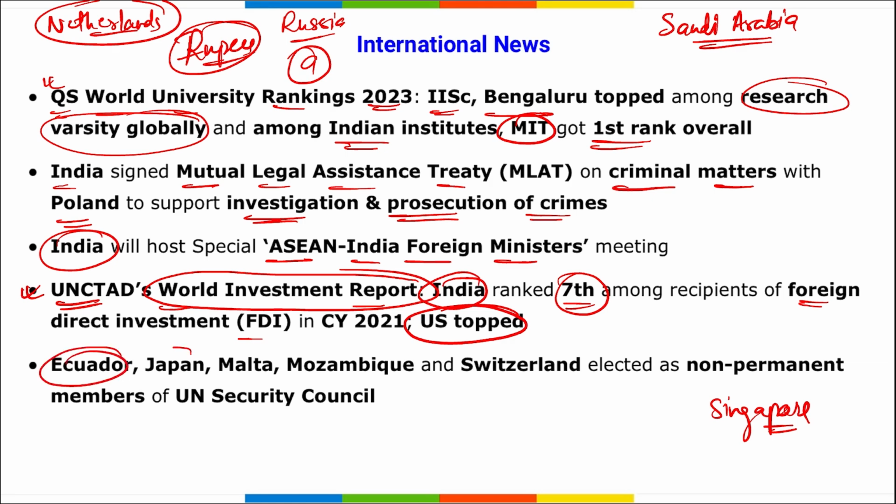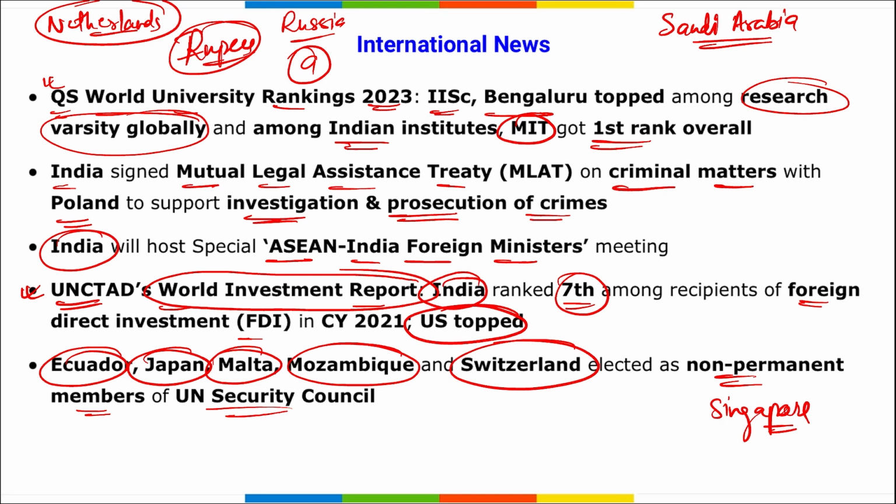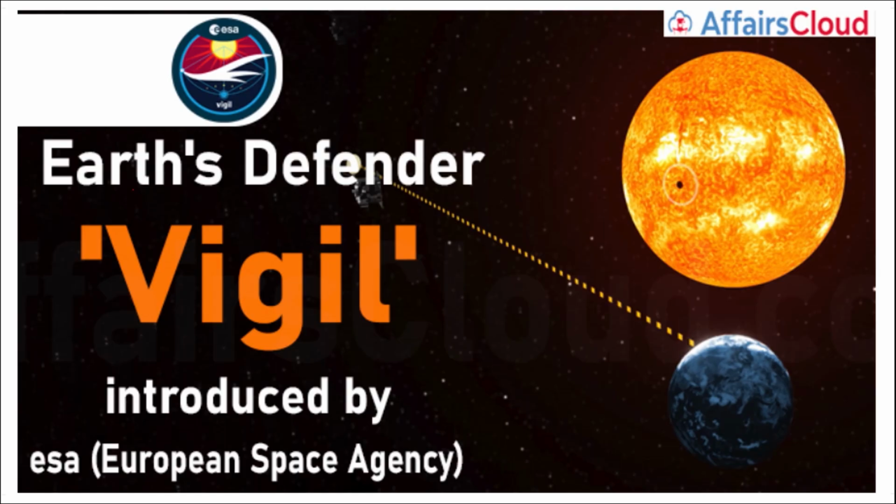Then Ecuador, Japan, Malta, Mozambique and Switzerland have been elected as the non-permanent members of the United Nations Security Council. Important, take a note of this. All right, these are the countries that have been elected as the non-permanent members of the United Nations Security Council. Next, Earth's Defender Vigil has been introduced by the European Space Agency.